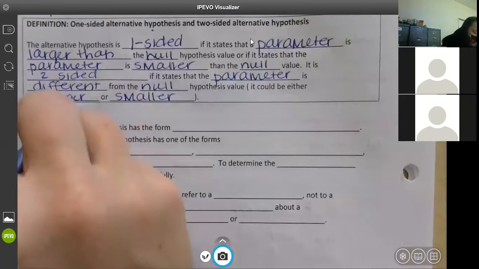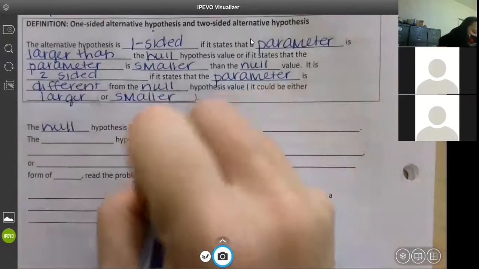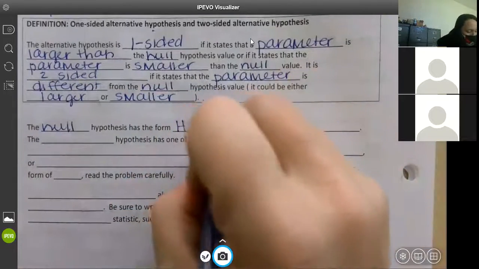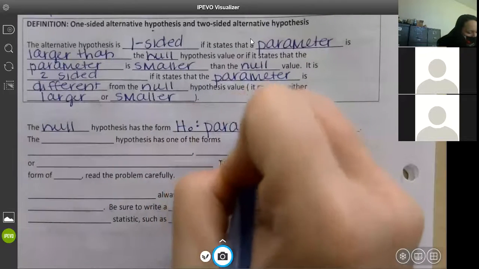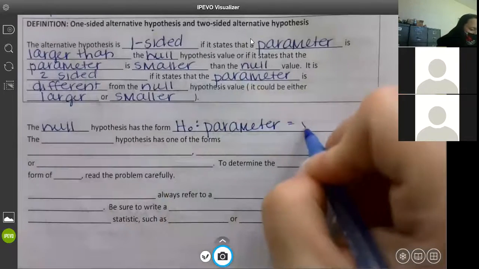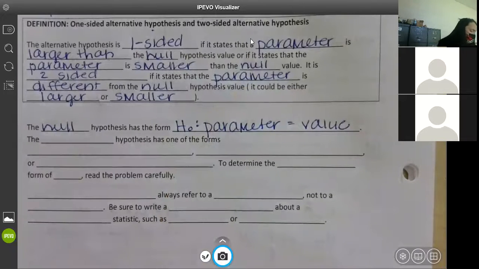So the null hypothesis has the form H sub O, your parameter, whether it's mean or proportion, mu or the p, equal to the value. It is always equal to the value. Wait, is this supposed to be a semicolon or a colon? Doesn't matter. It's a colon. It's okay.